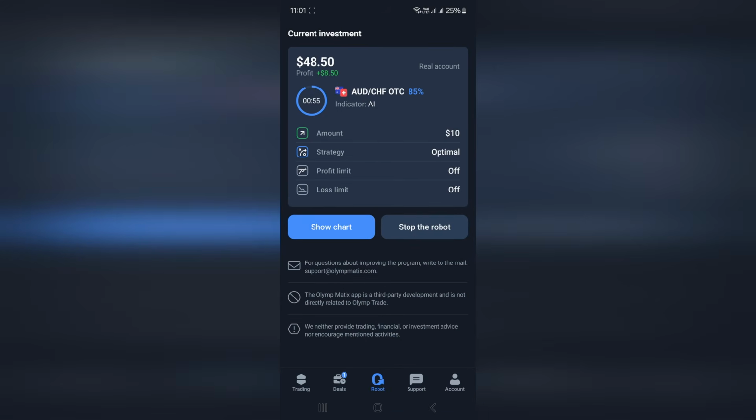Let's continue. We profited the second trade as well. Another $8 of profit.